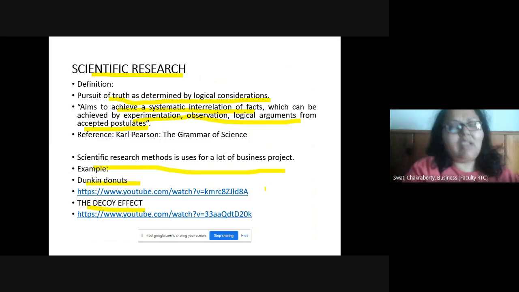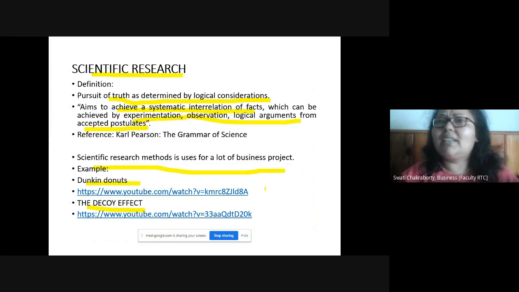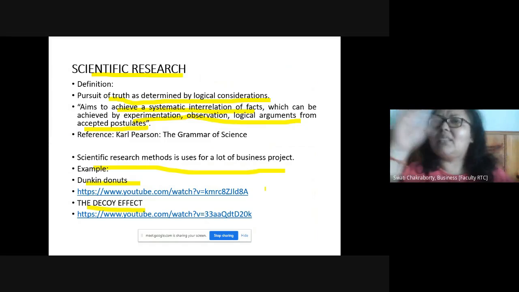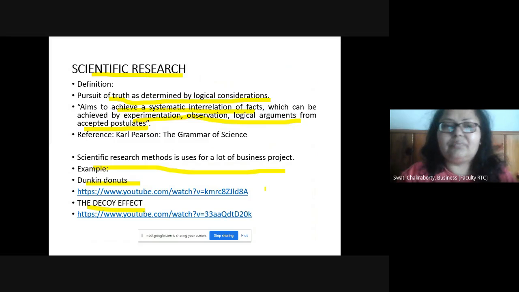The target here was that they never wanted to sell the small or the medium one. They wanted to sell the big one. They observed human psychology, tested, asked questions, and that's how they came about it. So this is again science, and it's used in business.